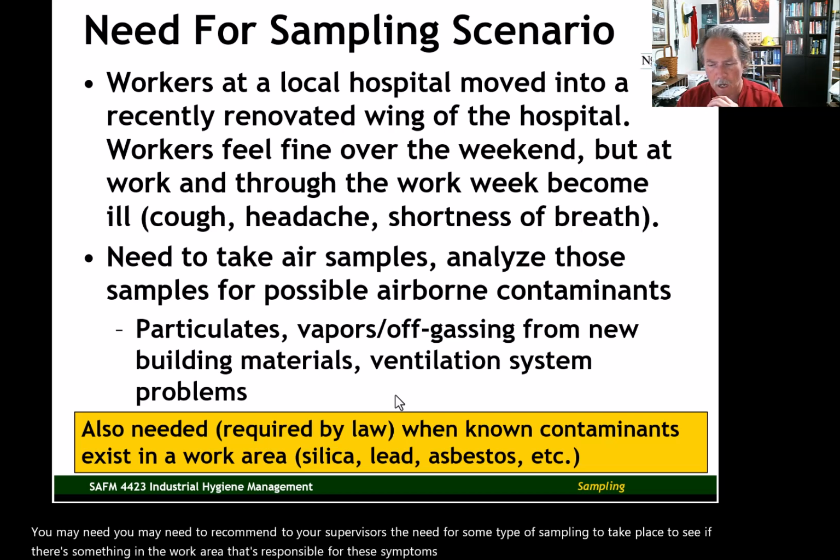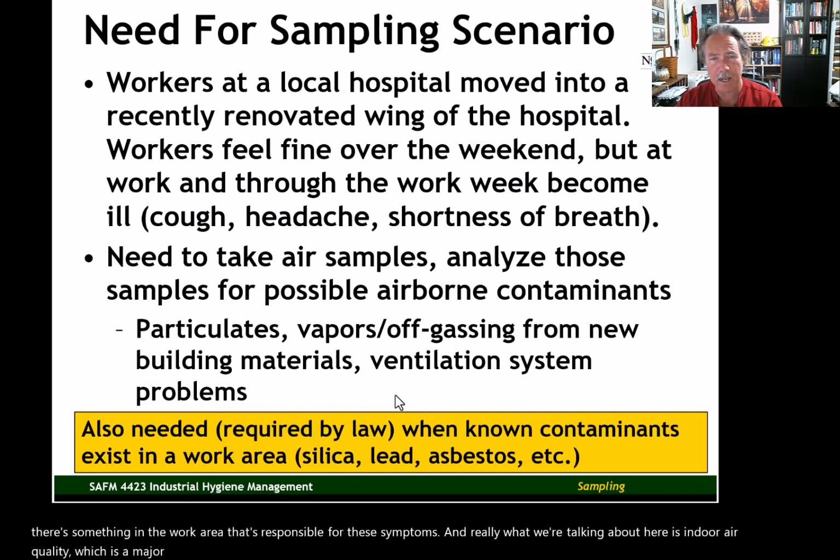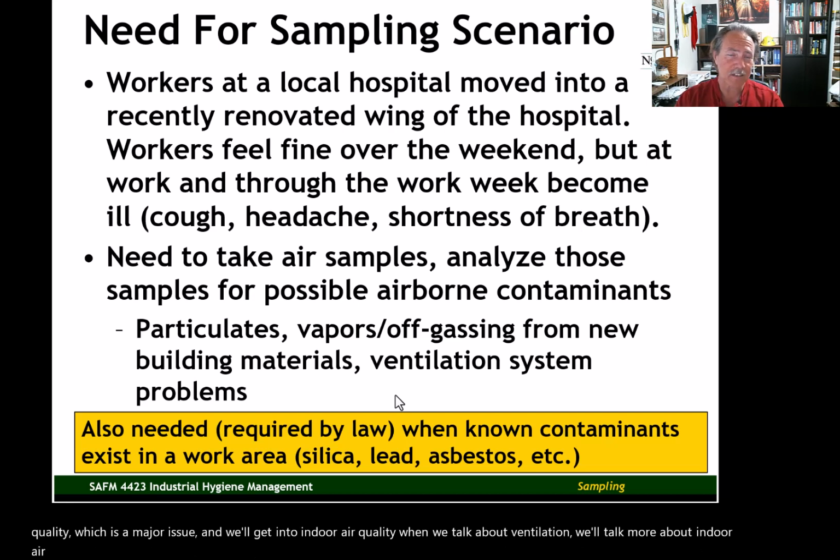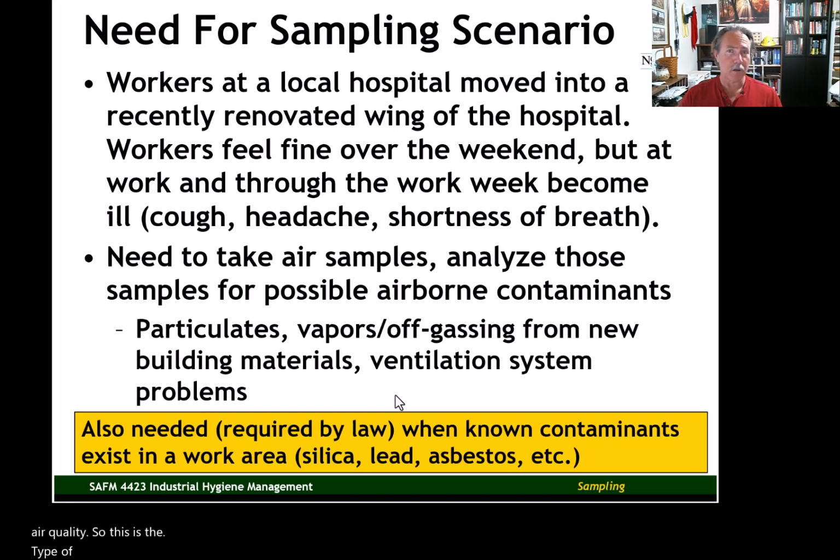Really what we're talking about here is indoor air quality, which is a major issue, and we'll talk more about it when we get to ventilation. So this is the type of circumstance where you would need to do some sampling.